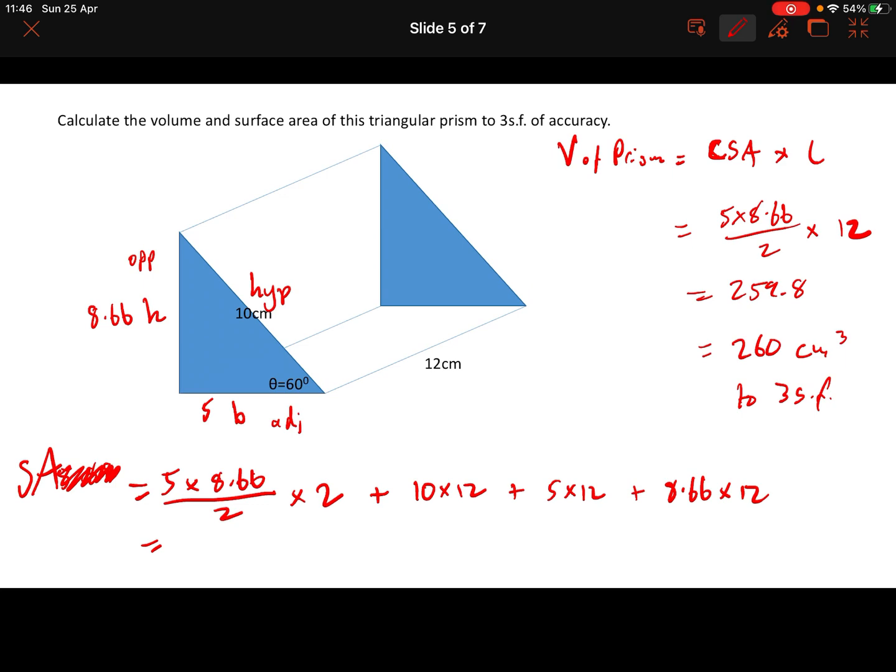And the answer is 327.22. Therefore, 327 centimetres squared to 3 significant figures. So again, I'm using the right unit, I'm using appropriate accuracy, okay, which you should do for every single question.